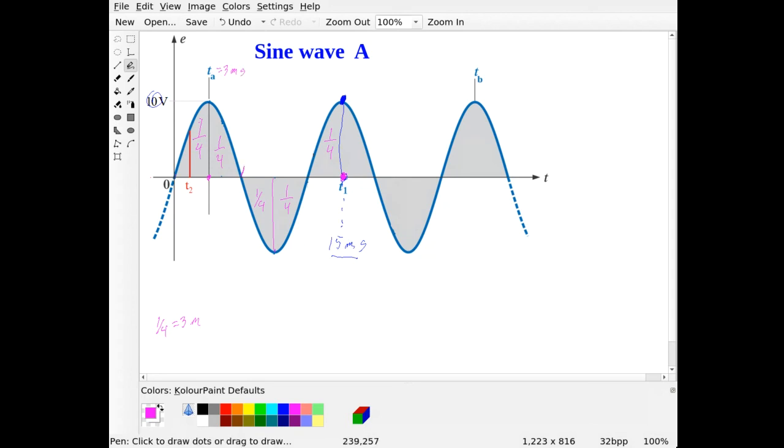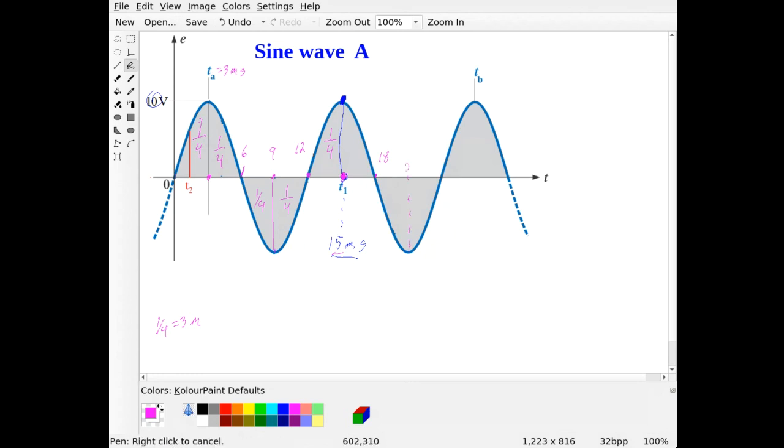And then this point here would be 6 milliseconds. And this then would be 9 milliseconds. This would be 12 milliseconds. And going on, this is 15 milliseconds. So this would be 18.